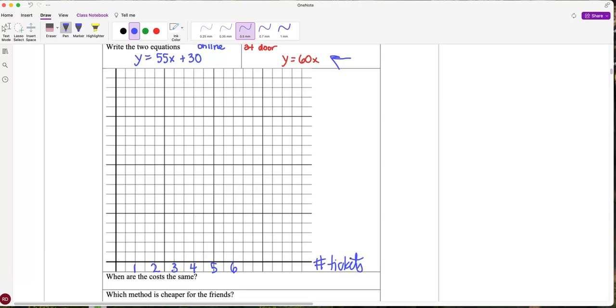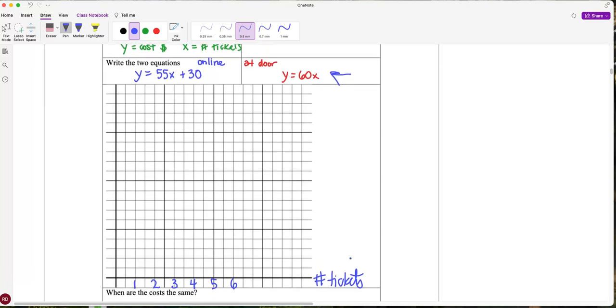My cost, okay, so the cost has to go up to 360. So if I do 1, 2, 3, I can say 100, 200, 300, 400. Okay.